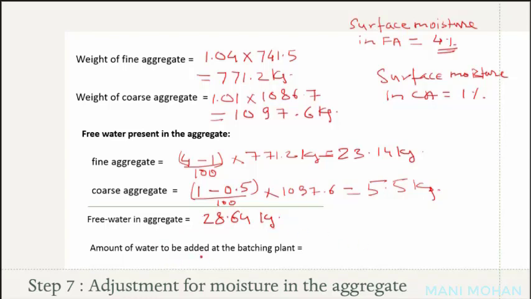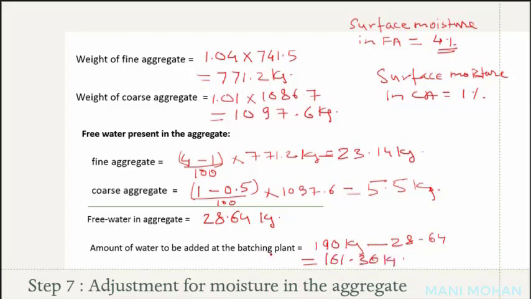So how much water has to be added at the batching plant? As per calculation, we need 190 kg of water. This has to be subtracted by 28.64 kg of free water which is already present in aggregate. So the amount of water we have to add at the batching plant is 161.36 kg.